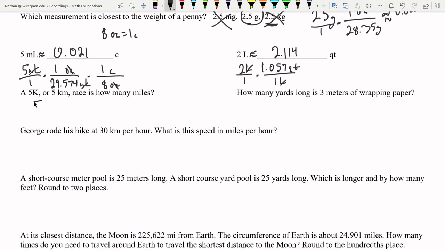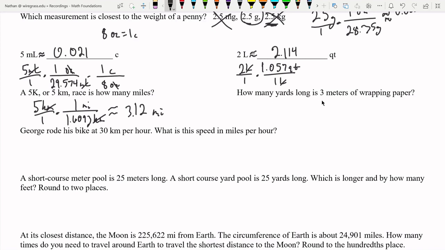So 5 kilometers. There are 1.6093 kilometers in 1 mile. Kilometers cancel. And we get, say approximately here again, 3.12 miles. We're rounded to 2 places. That's how many miles.